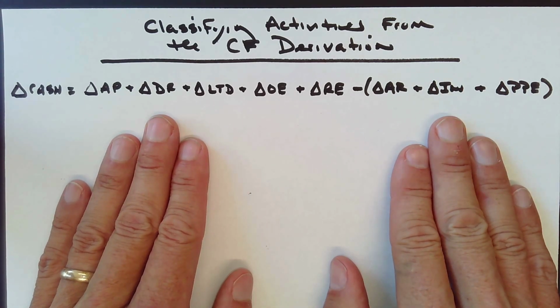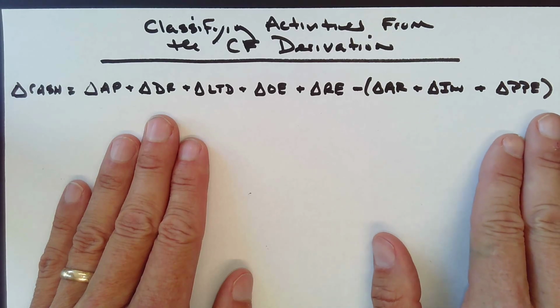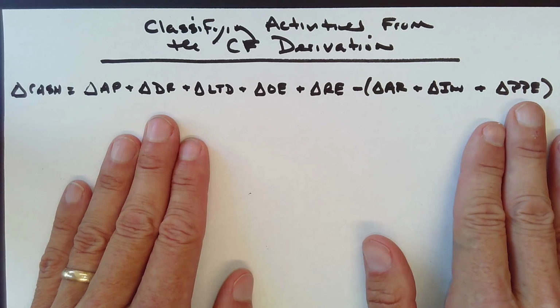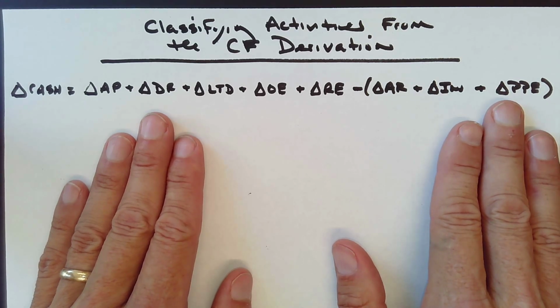For investing activities, we are likely looking at PP&E, property, plant, and equipment. And for financing activities, we are looking at two things.